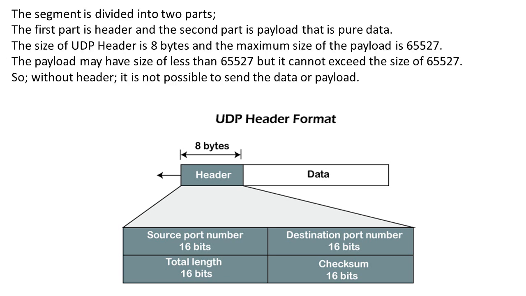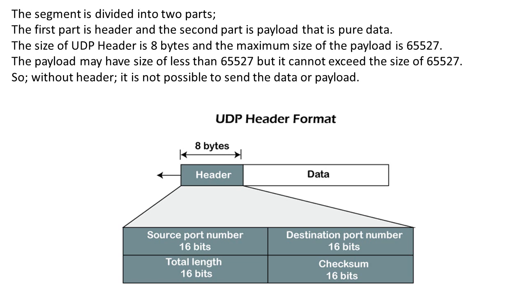The segment is divided into 2 parts. The first part is the header and the second part is the payload, that is pure data. The size of the UDP header is 8 bytes and the maximum size of the payload is 65,527.